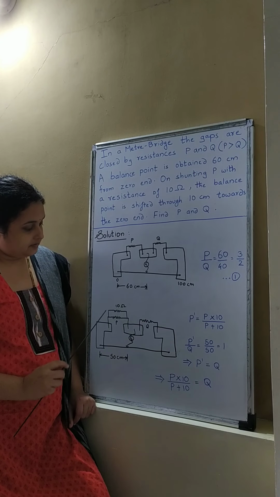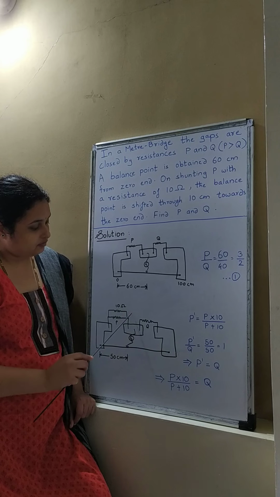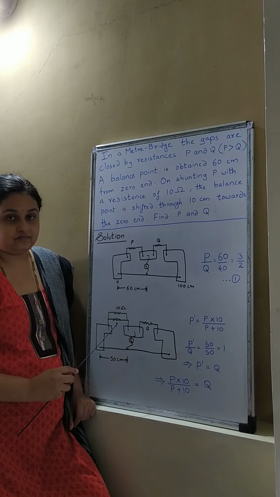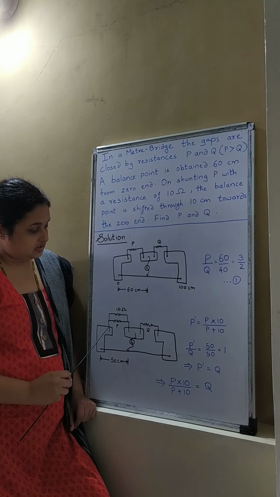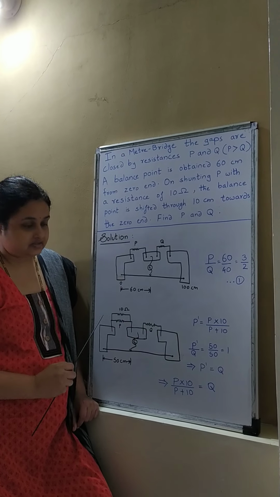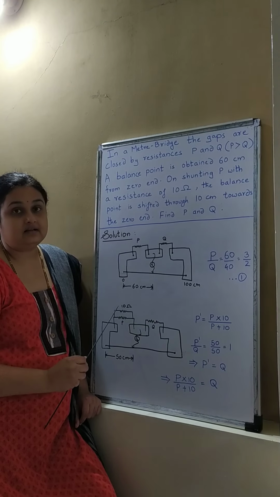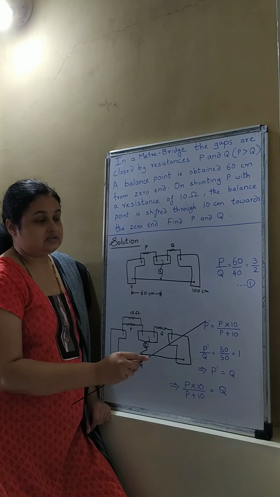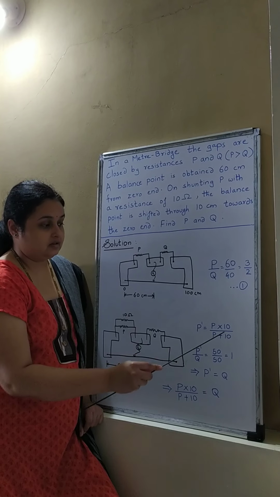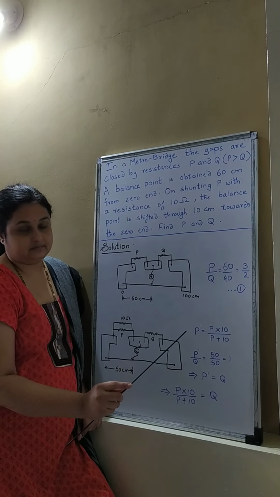First we will find what is the resistance over here. Let's call it P dash. P dash is the net resistance of P and 10 connected in parallel. So I get P dash is equal to P into 10 upon P plus 10.